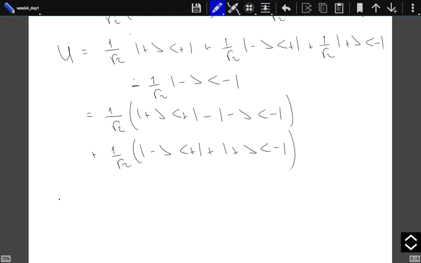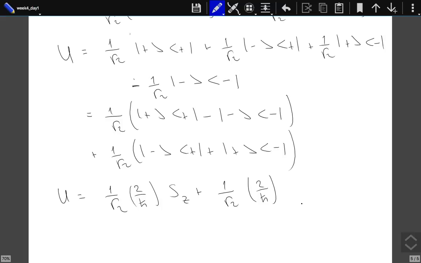Or if you like, you can write this as U equal to 1 over square root of 2 times 2 over h bar Sz, that is the first one, plus 1 over square root of 2 times 2 over h bar.